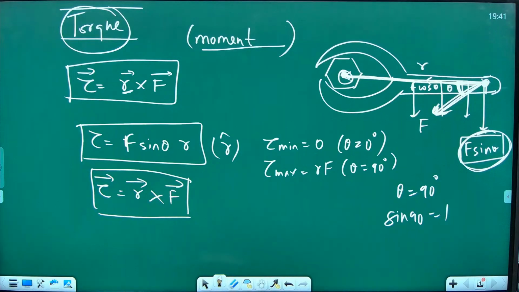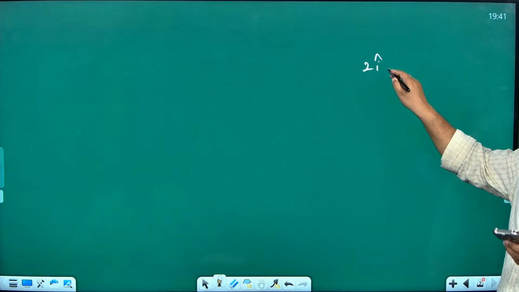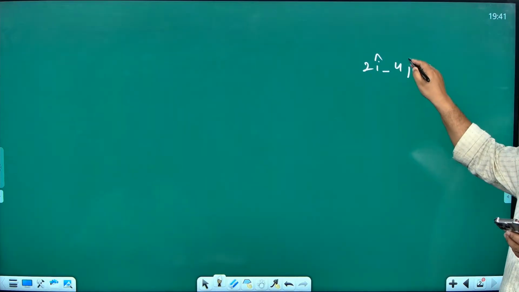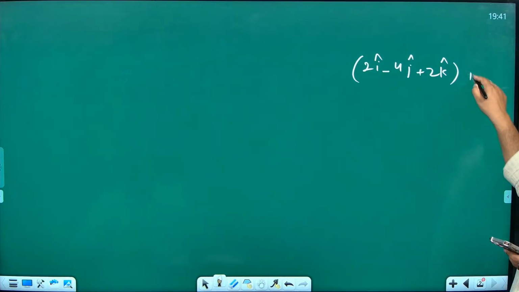Question: a force of 2I cap minus 4J cap plus 2K cap Newton. This is the force value.